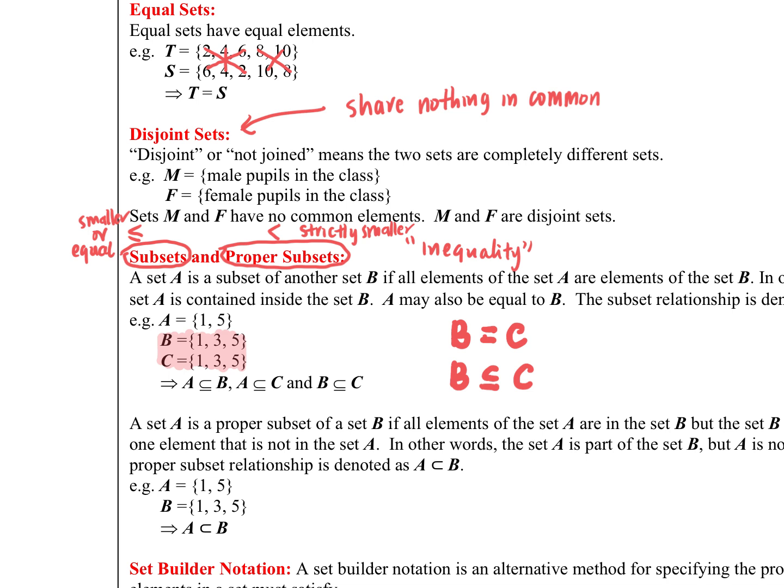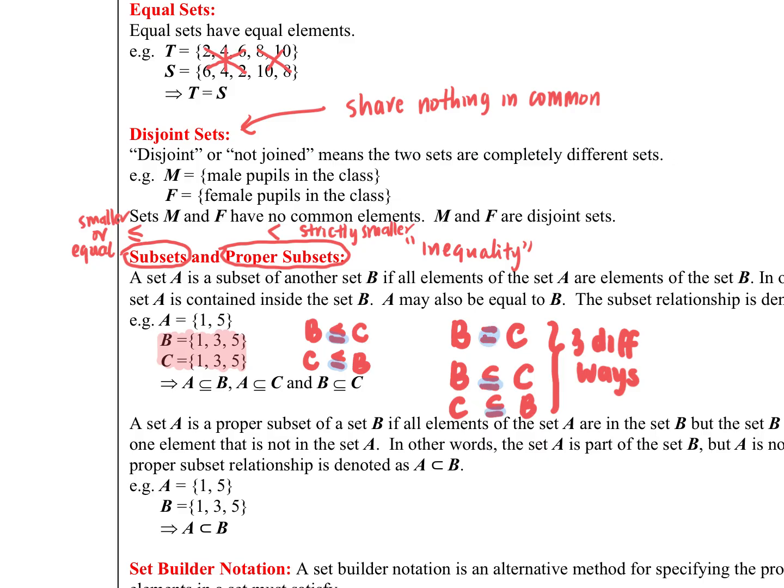Or I can say C is a subset of B. So there are three different ways to represent the same thing. It's just like saying B can be smaller or equal to C, and C can be smaller or equal to B, because they happen to be equal. It is still valid as long as you see the equal sign there.